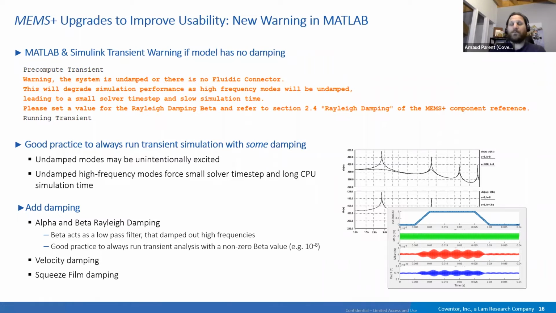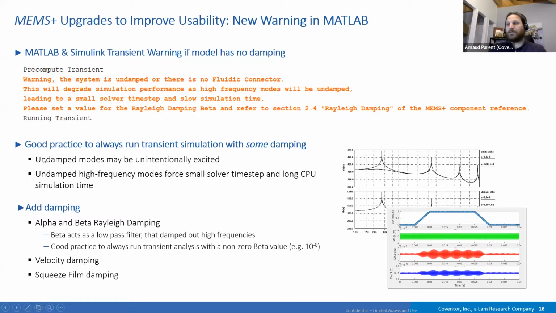The idea is to always have a value small enough to not deteriorate the behavior of the device at the frequencies of interest, which tend to be smaller frequencies, and big enough to damp out the high frequencies. If you do that, you will not have high frequencies with infinite Q factor, and you will have a transient simulation that runs.